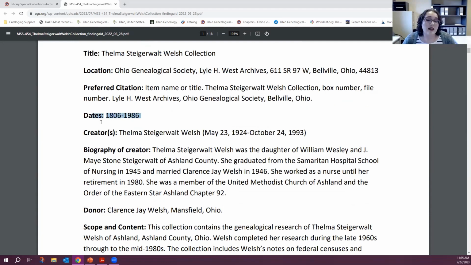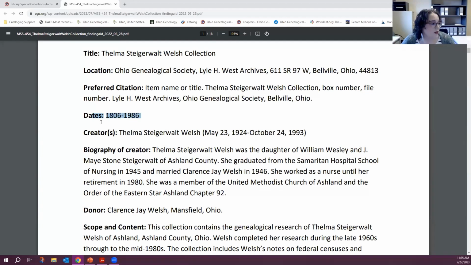So dates at OGS, you might see it split into inclusive dates as well as bulk dates. It's a little confusing, which is sometimes why I just do inclusive dates only. Inclusive dates being the earliest date in the collection and the latest or most recent date in the collection.